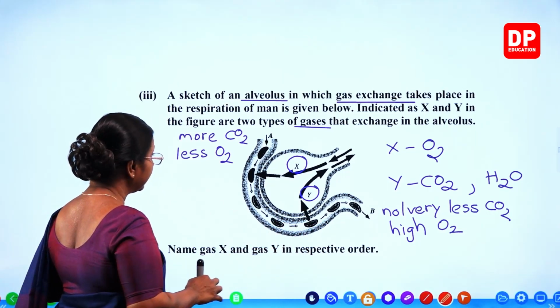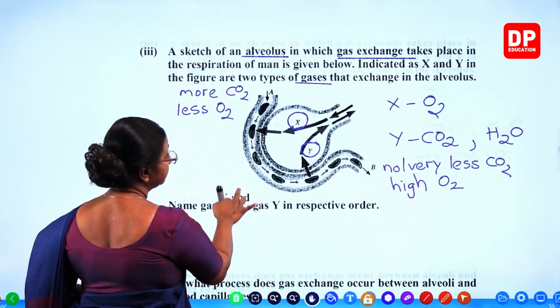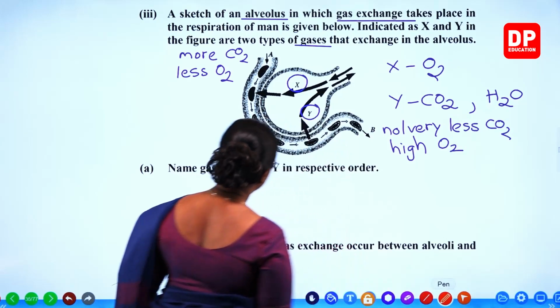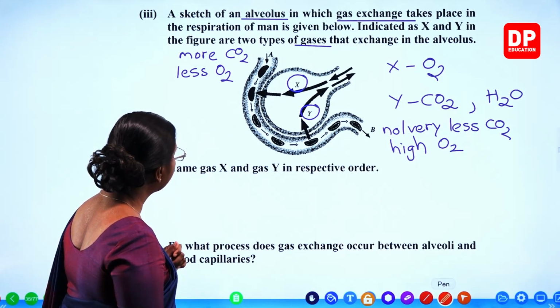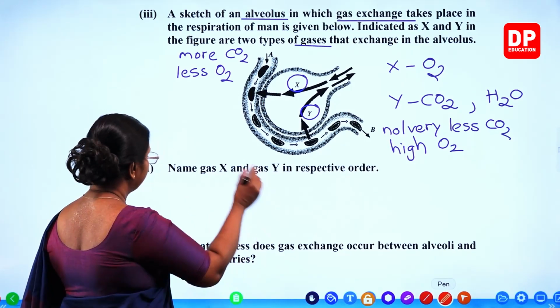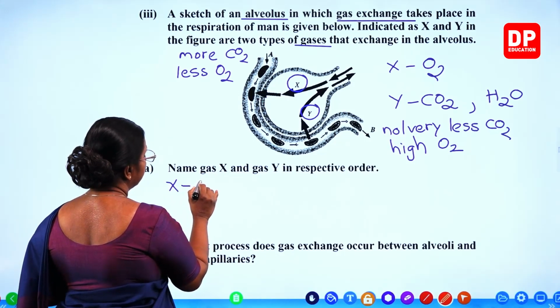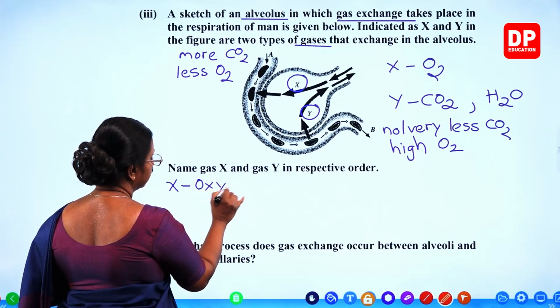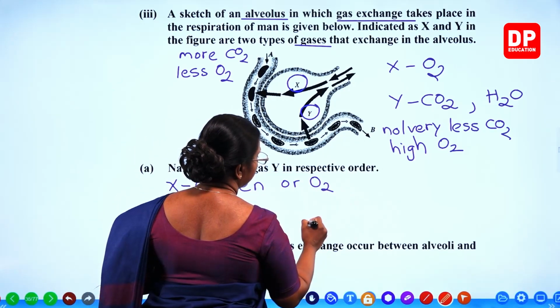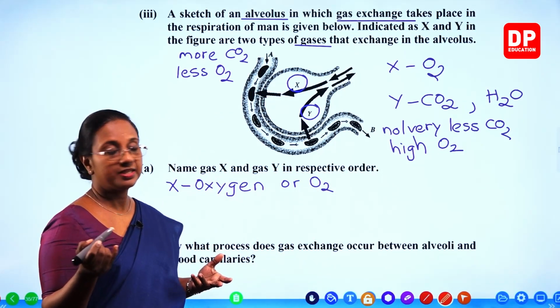So based on that, if we answer the questions, here you can see A, name gas X and gas Y in respective order. So here you can give X as oxygen, or you can write it as O2 or O2 gas, oxygen gas.